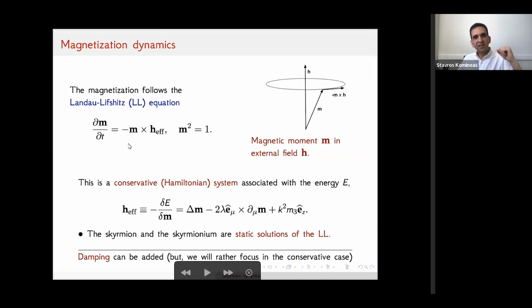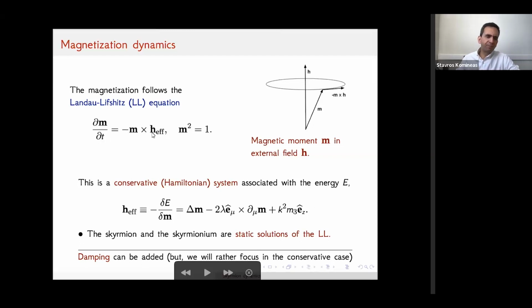So what they say is that the time derivative of the magnetization changes in a way given by this expression, this is M cross product a magnetic field.